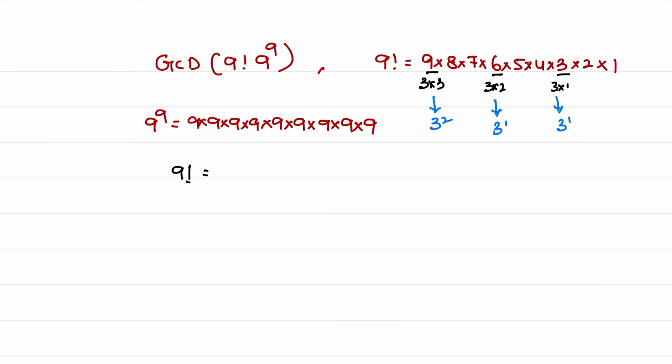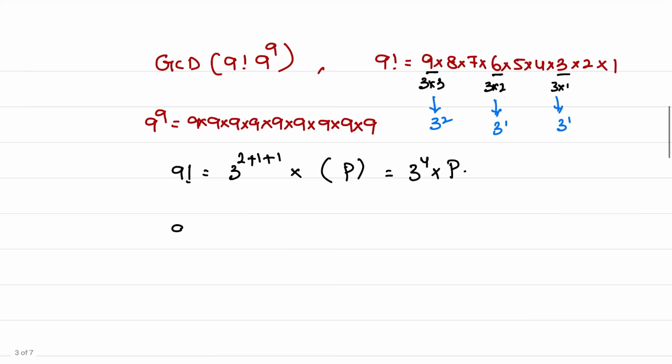That we can write, this total is 3 to the power of 2 plus 1 plus 1, that is 3 to the power of 4, into some value p, the remaining value. Because 9 is also in terms of 3 only, hence we are interested in terms of 3 only. 3 to the power of 4 into p.